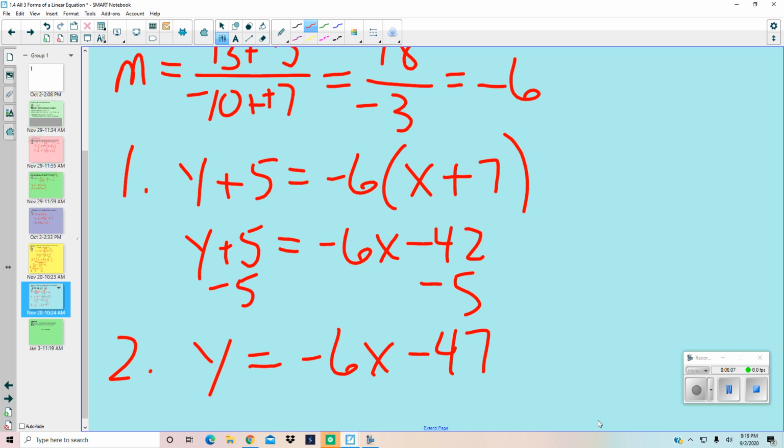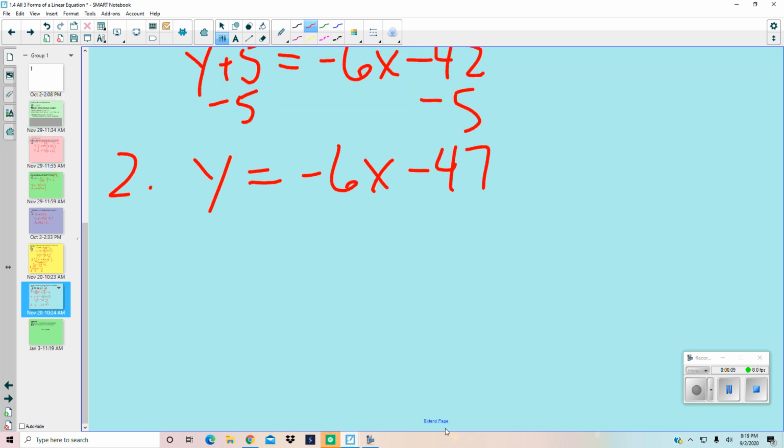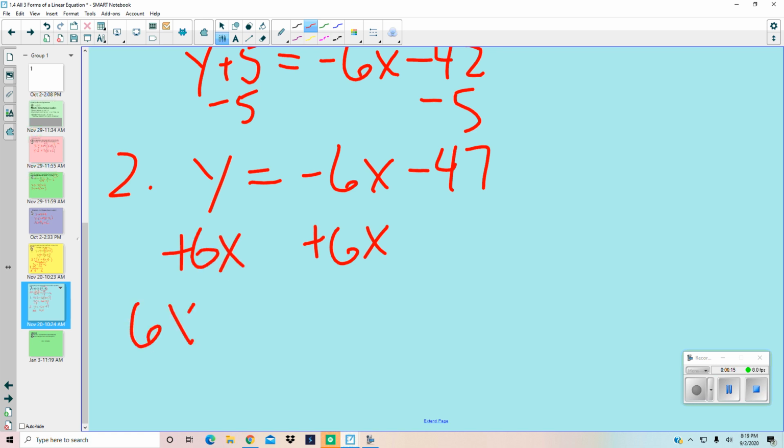And then here, the standard form is going to be easy because there's no fractions. All I have to do is add 6x. So 6x plus y equals negative 47. So that's my third form. So point-slope, slope-intercept, and standard form are my 3 forms of a linear equation.